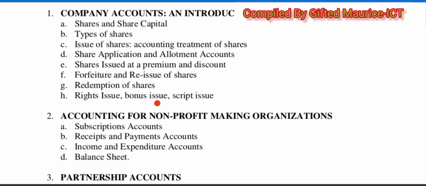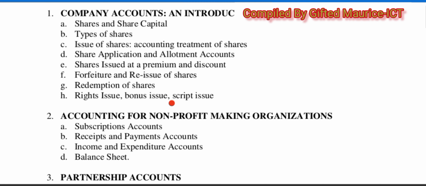And then a script issue is the same as a bonus issue, in the sense that instead of dividends, the owners will be given additional shares. However, the difference between a bonus issue and a script issue is that you have a choice.